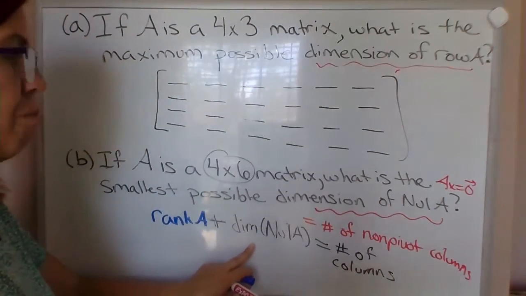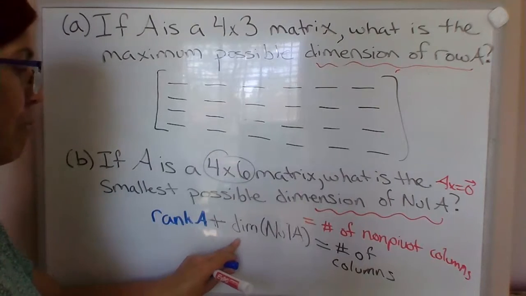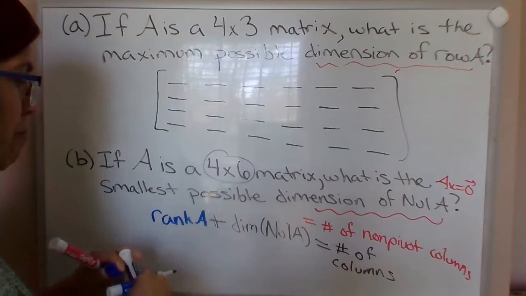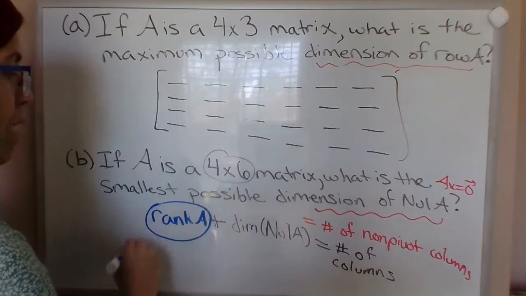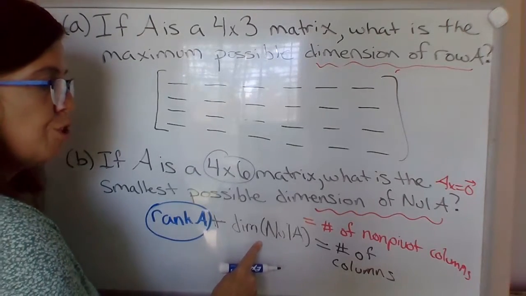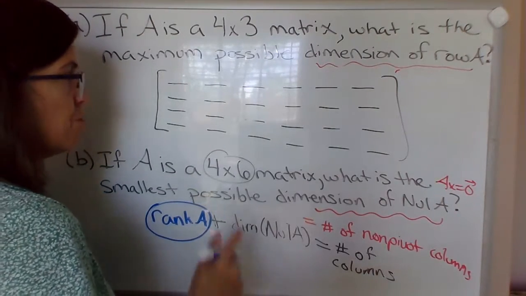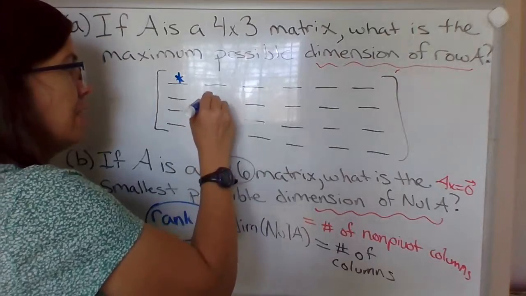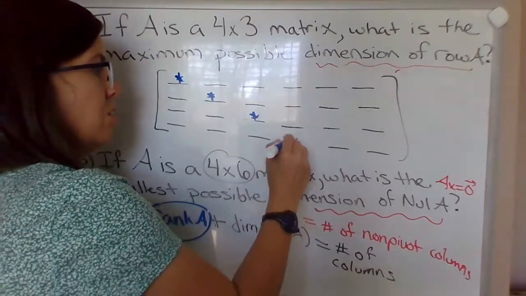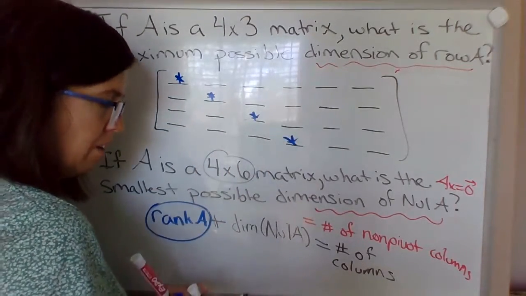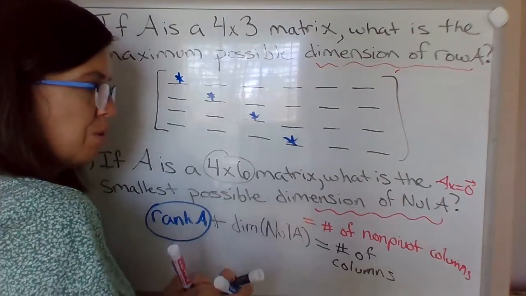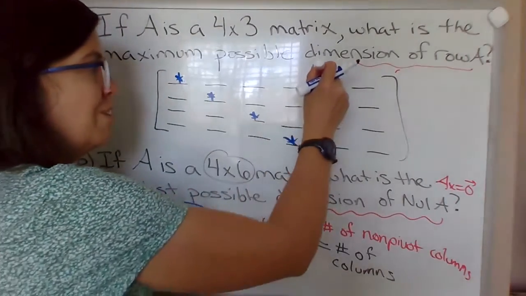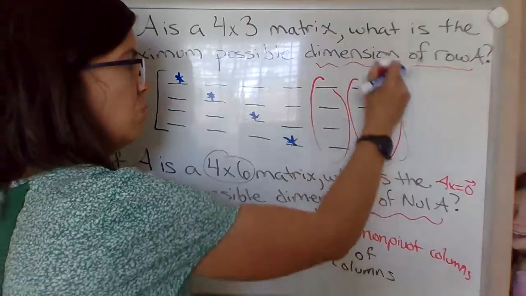So if we want the smallest possible dimension for the null space here, then that means that we want the maximum possible value for the rank. We want to leave as few non-pivot columns as we can. So we're trying to get a pivot in as many columns as we can. So you go down the diagonal like that. So the smallest possible number of non-pivot columns would be 2.